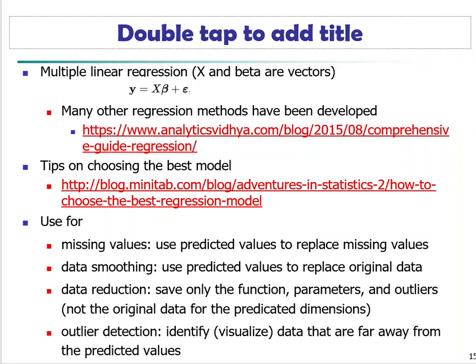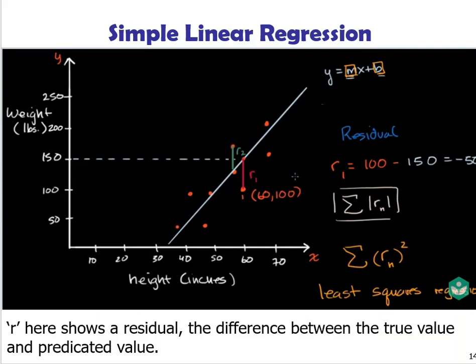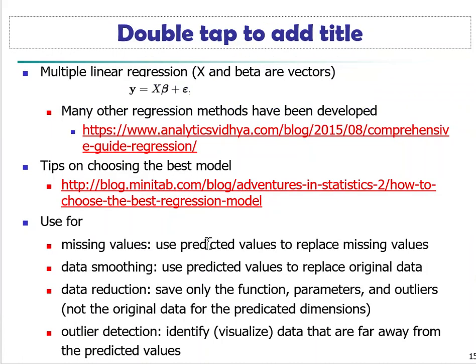So we have described the technique: the idea behind simple linear regression is fitting a line and finding the residuals. By evaluating the residuals, we know how good this line is. Once we have this line, we can predict y given x. This linear regression can be used in a number of data preprocessing tasks.